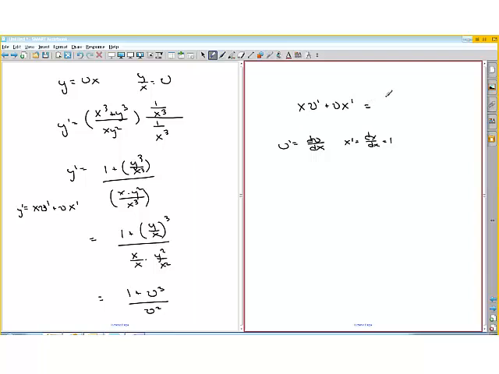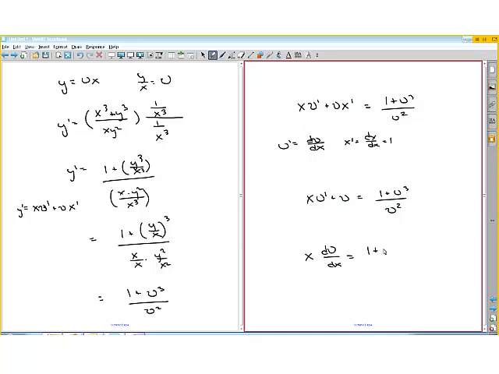And on the right-hand side, I have this 1 plus mu cubed divided by mu squared. So we get x mu prime plus mu is equal to 1 plus mu cubed over mu squared. But mu prime is just d mu dx. And I'm going to move this to the other side.